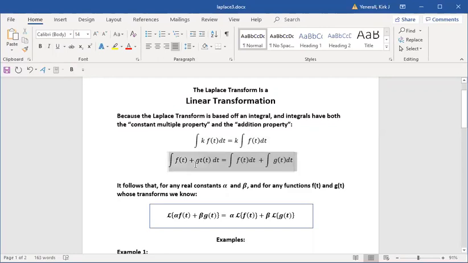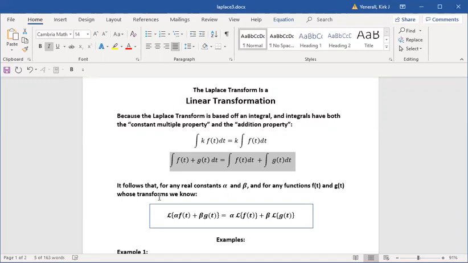Then also we have an addition property for integrals, which says that if you have the antiderivative of the sum of two functions, f and g, that antiderivative of that sum of functions is the sum of the individual antiderivatives of f and g.